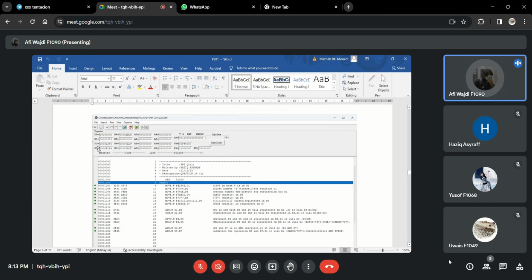We continue: the output for D2 is 2245. For D3 it is E299. Next, the output of D4 is ABCD. Output for D6 is ACF. And for the last, the output for D7 is ACE.